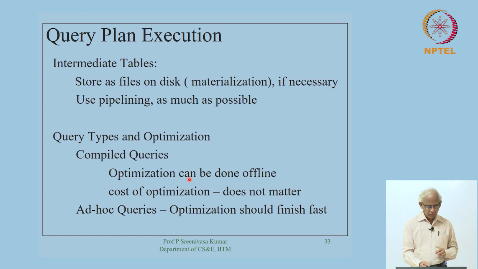So this is indeed a vast subject, and a lot of research has gone on and is continuing to be done by relational database researchers on how to improve query optimization, because it is in some sense the heart of the whole system. Okay. So, I think with that we conclude this lecture.